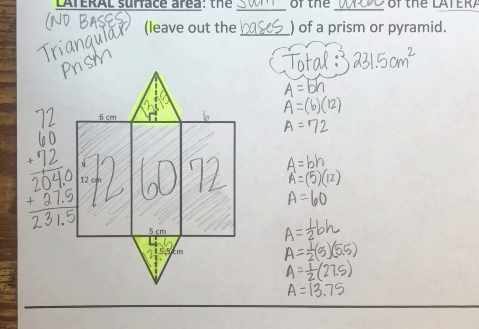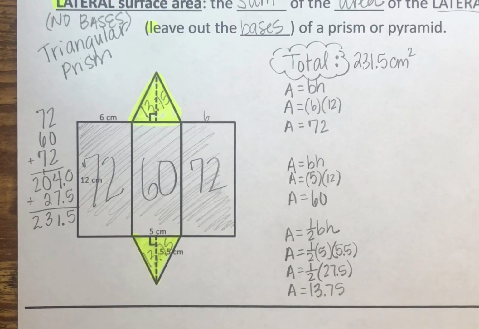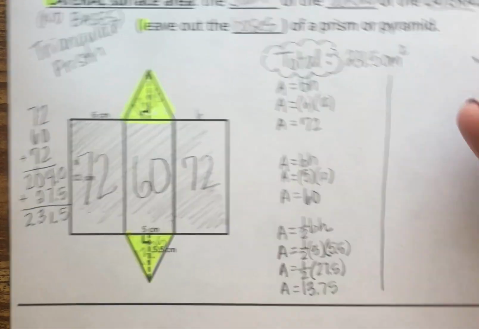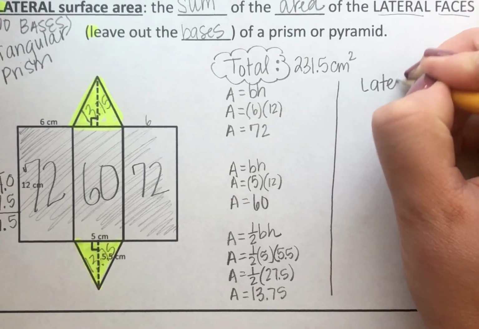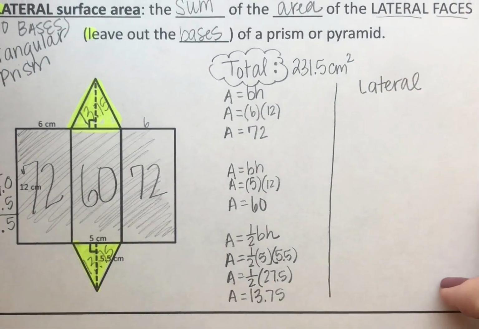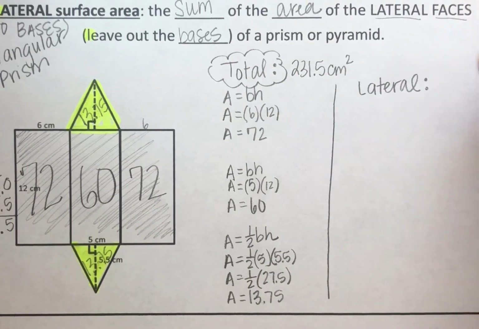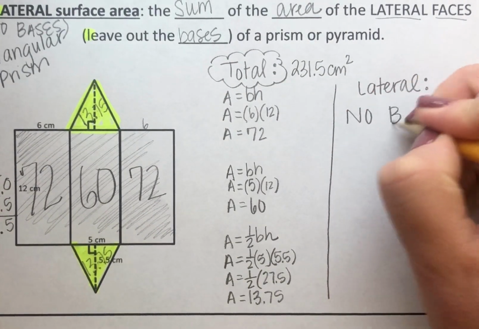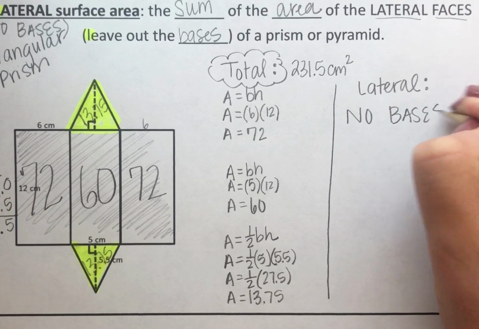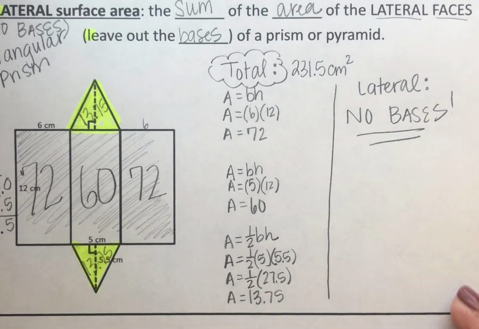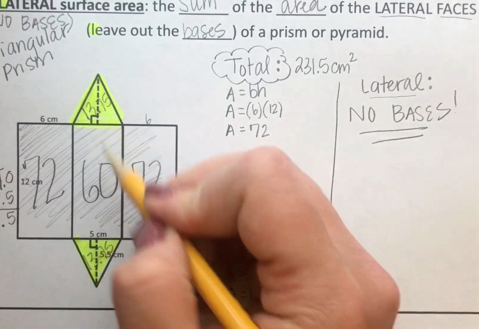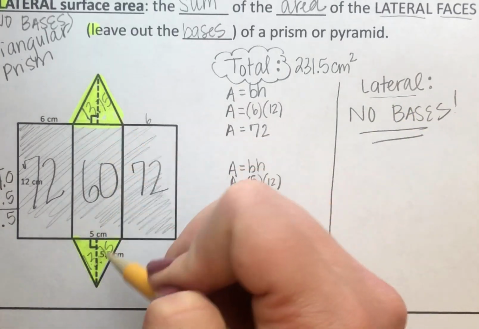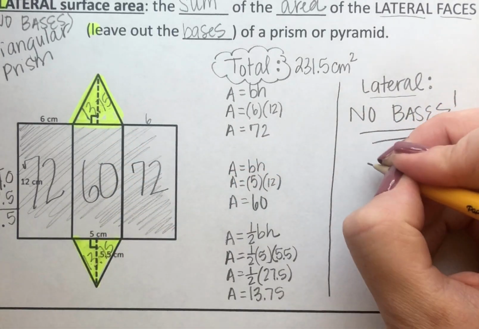Okay, so let's take a look at the lateral surface area here. And remember, lateral means no bases. That means we don't want the bases. So if we're taking the lateral surface area, we do not want these yellow triangles there because those are our bases.